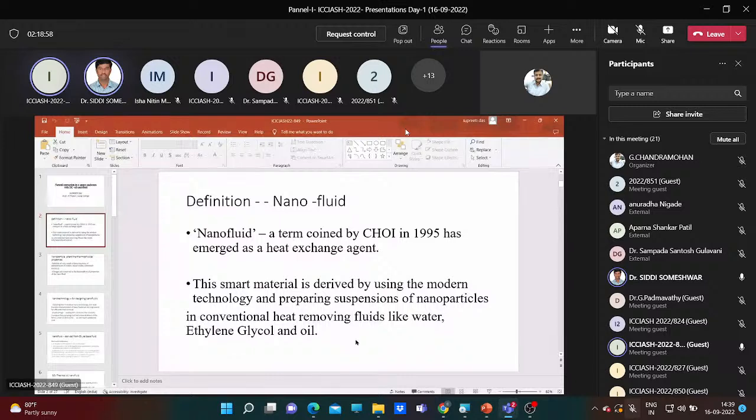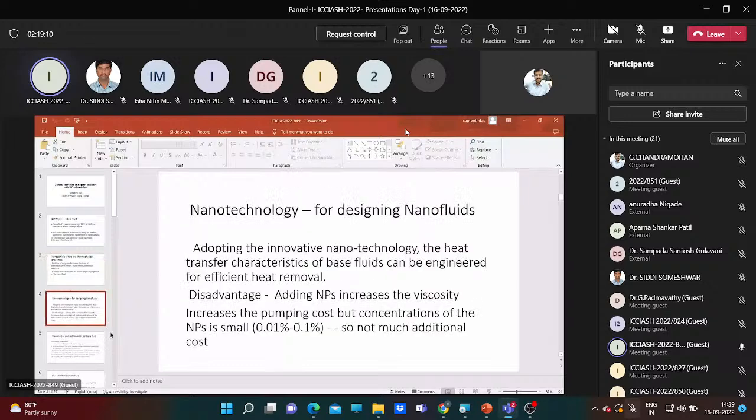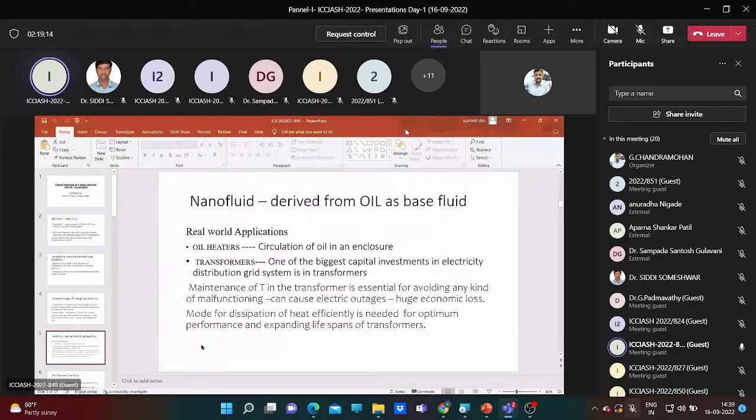I was talking of this addition of some nanoparticles, and the results obtained show a lot of improvement in the thermophysical properties. It's been going on for almost 3 decades. I have particularly chosen oil because I've worked with multi-walled carbon nanotubes, and oil's real-world applications are for oil heaters where you have circulation of it.